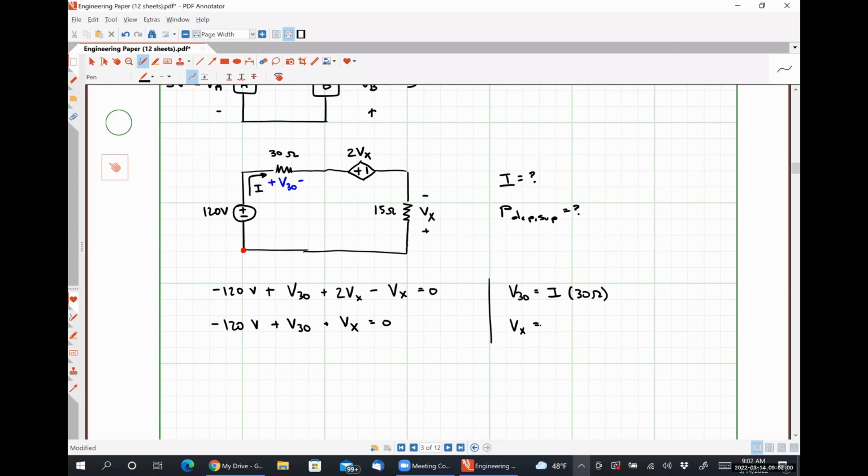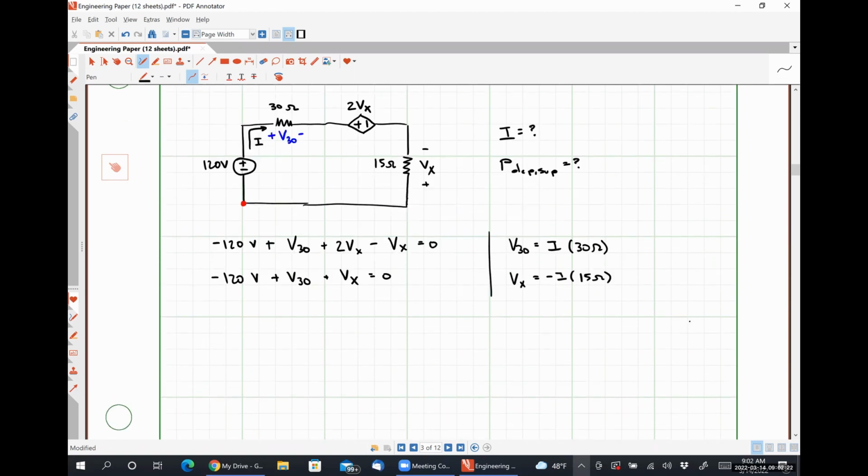So there's a little bit of a problem here, okay? Exactly right. Why is it negative? 100% correct. It has to be negative I times 15 ohms because the current is flowing into the negative polarity terminal of that voltage Vx.